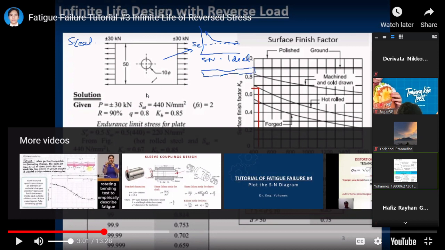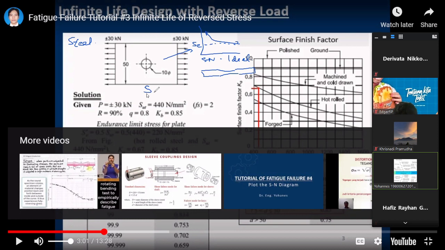But in application, it can be a plate, beam, and any other geometry. So the first question is, does the geometry have an effect on this endurance strength or endurance limit? Yes, of course. So that's why we have to put the correction factor.